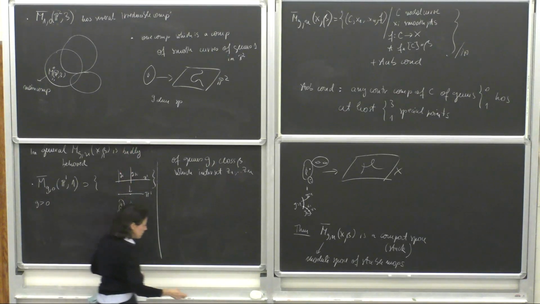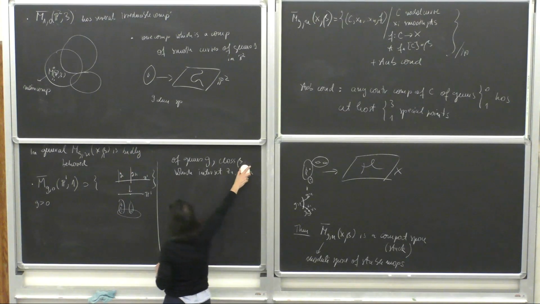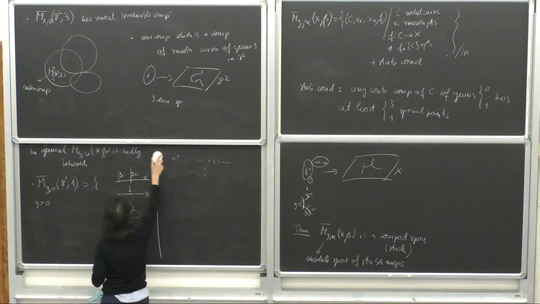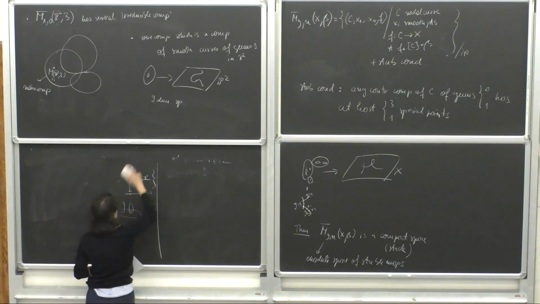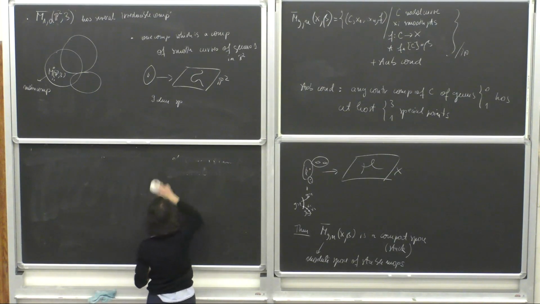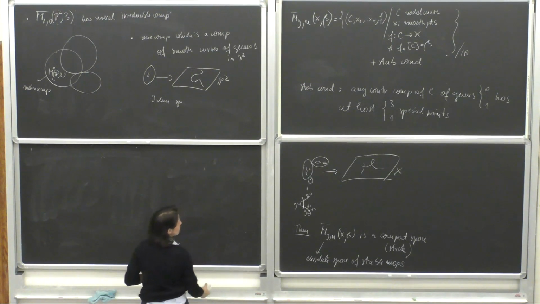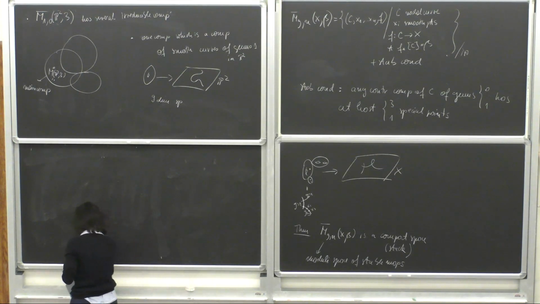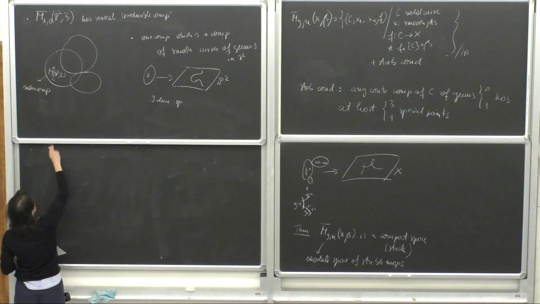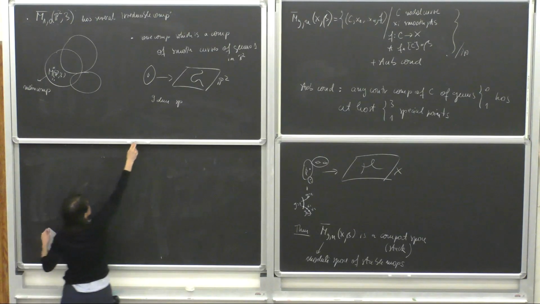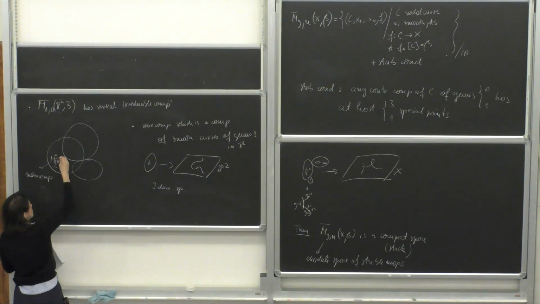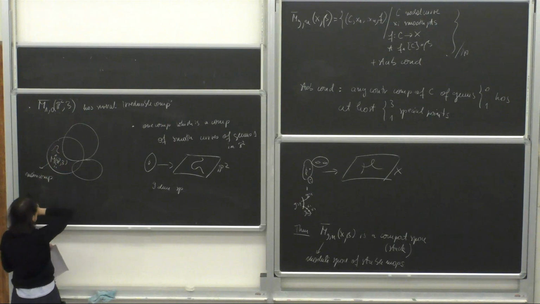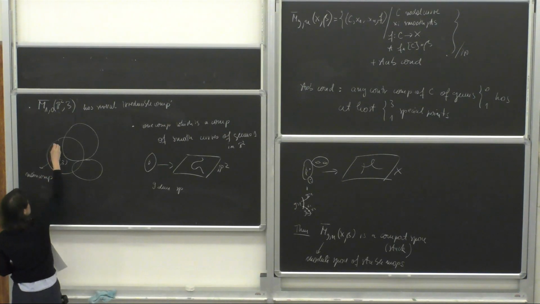And ideally, I would have liked to have just these. And unfortunately, I also have other stuff. So for instance, I can have this picture where maybe I draw the image here, so that most points here will have the image in P2 which looks like this.